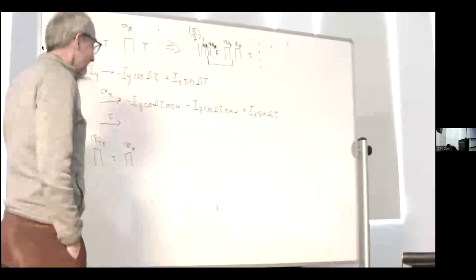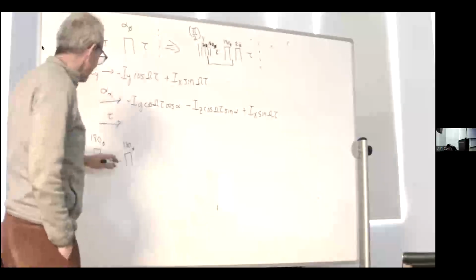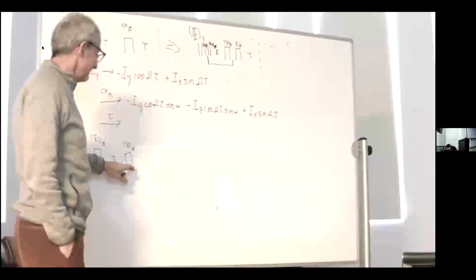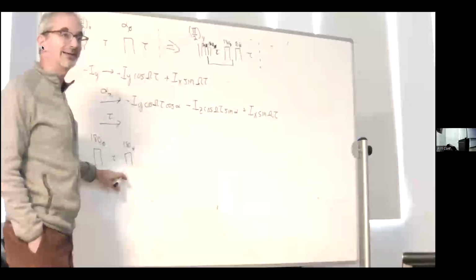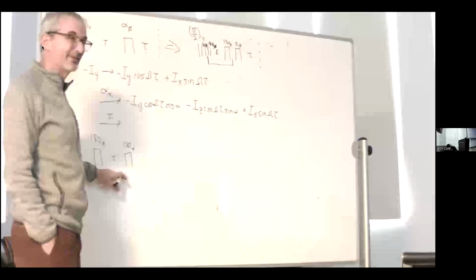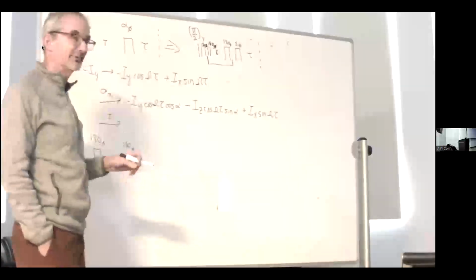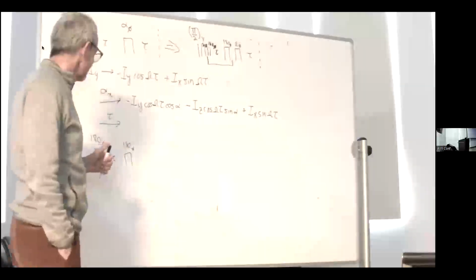And since we're going to be evolving here, let's think about what happens to I plus and I minus, because that'll be a little simpler, and we can always get the Cartesian operators back.